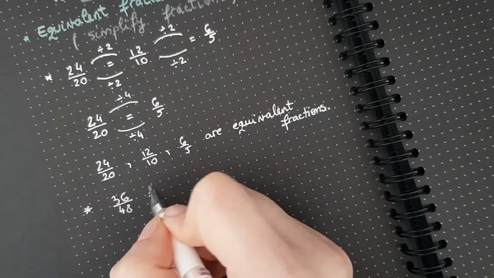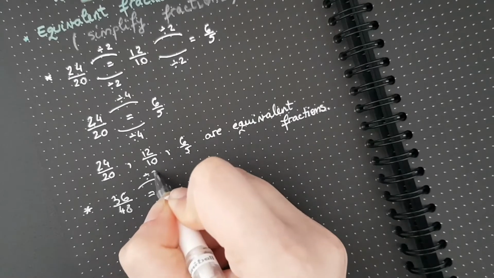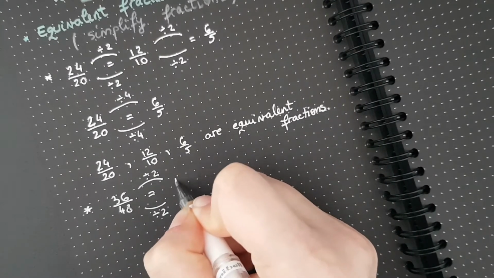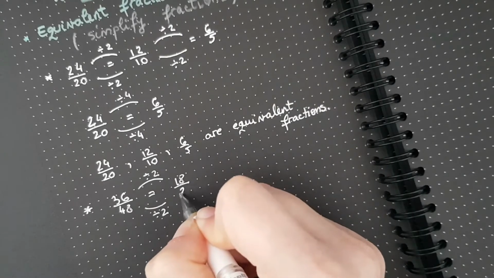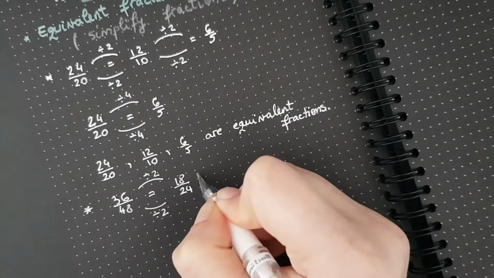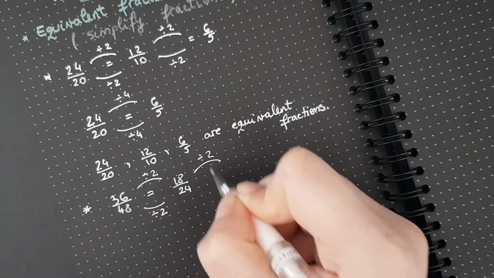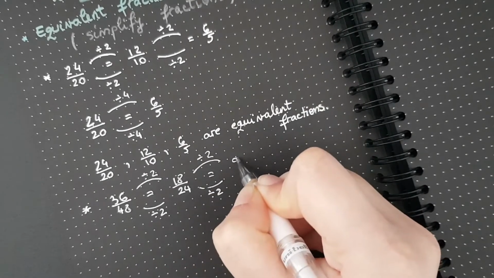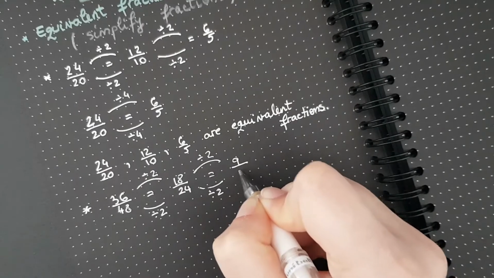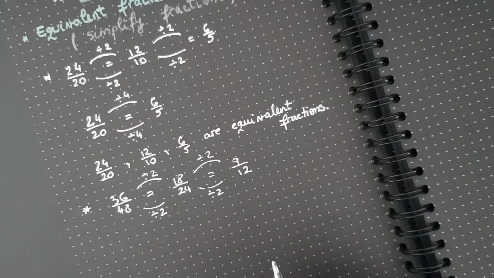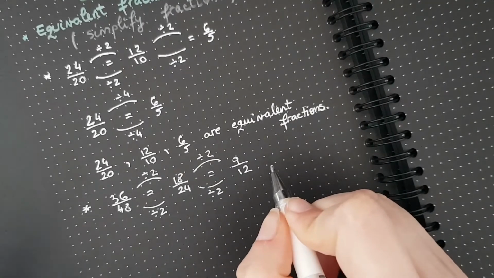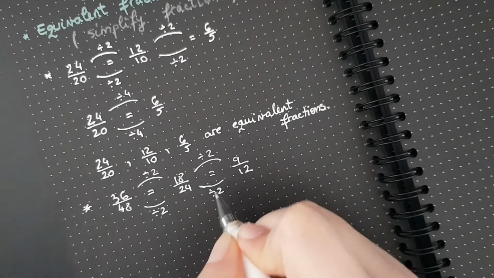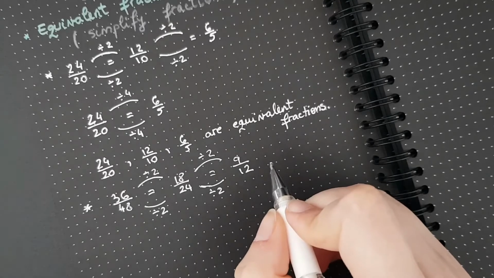I don't know any other times tables at the moment, so I'm just gonna divide by 2. And that gives me 18 over 24. I can follow on the same idea, even numbers, divide by 2. That gives me 9, and this gives me 12. Now, 9 and 12, they're not even. I can't divide by 2. Oh my goodness, panic all over the place.